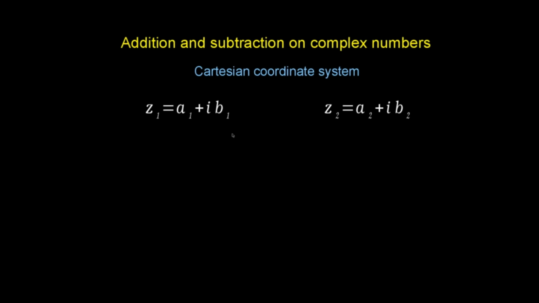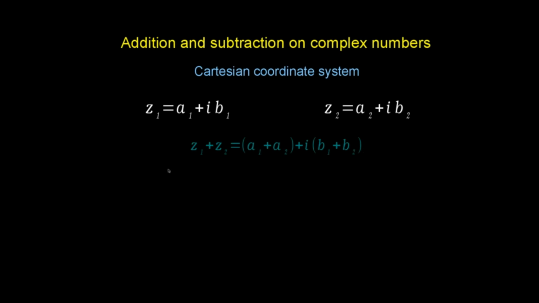So if we want to get the result of the addition of these two complexes, we can use the following expression. z1 plus z2 is equal to the sum of both real parts, a1 plus a2, and the sum of the imaginary parts, b1 plus b2.